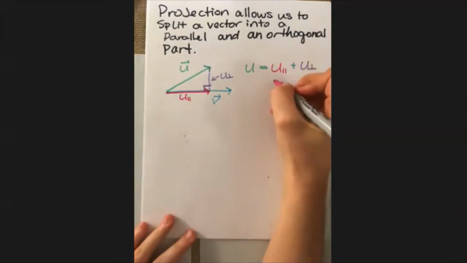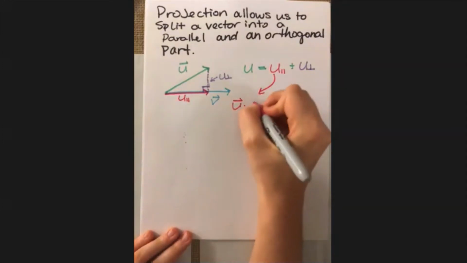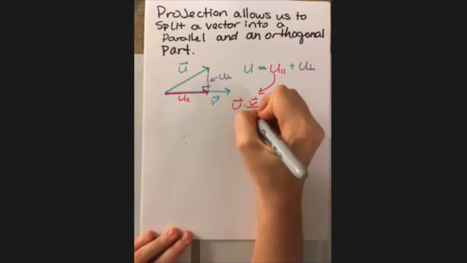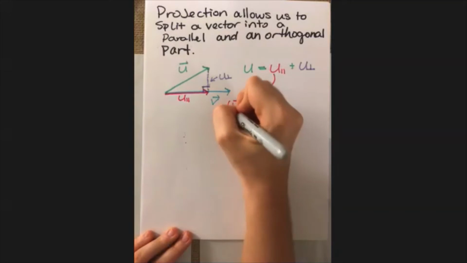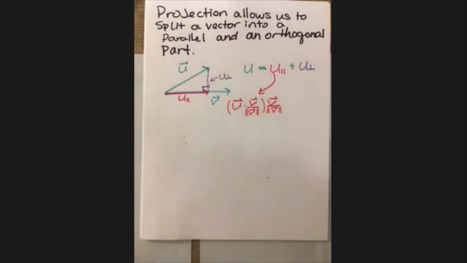Remember that this guy right here was given by u dotted with v divided by the length of v times v divided by the length of v.